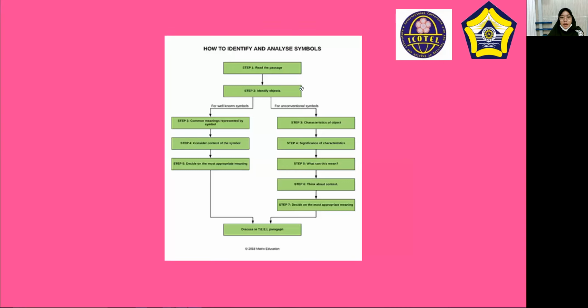This is how the researcher identified and analyzed the symbols: we need to read the passage or text a couple of times, identify the objects, and look at the common meanings represented by the symbol and the characteristics of the object itself.